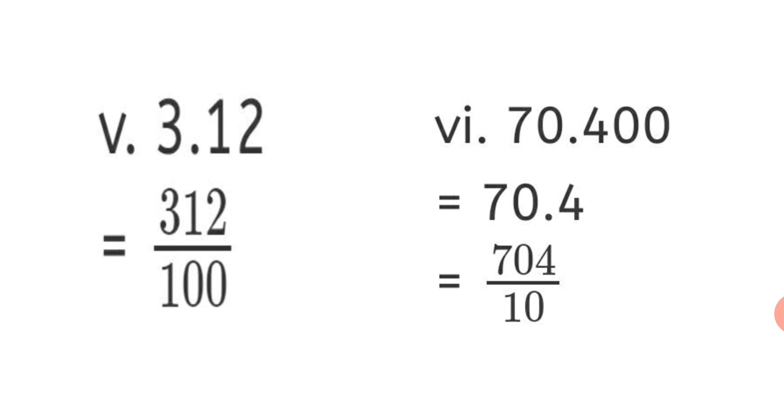What would your step be? 70400 upon, after the decimal point 3 places, so upon 1000, and the two zeros would get cut, so that 1000 would become 10 and 70.400 would become just 70.4. So the first step that we write here is to reduce the zeros. 70.400 we write as 70.4, and then we write it as a common fraction. 70.4 will be written as 704 upon 10. 1, and after the decimal point 1 place, so 10.